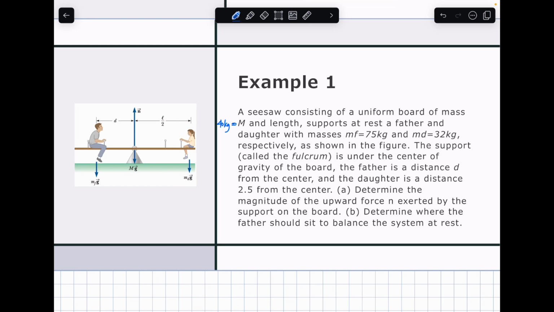And then it supports at rest a father and a daughter, with the mass of the father being 75 kilograms.